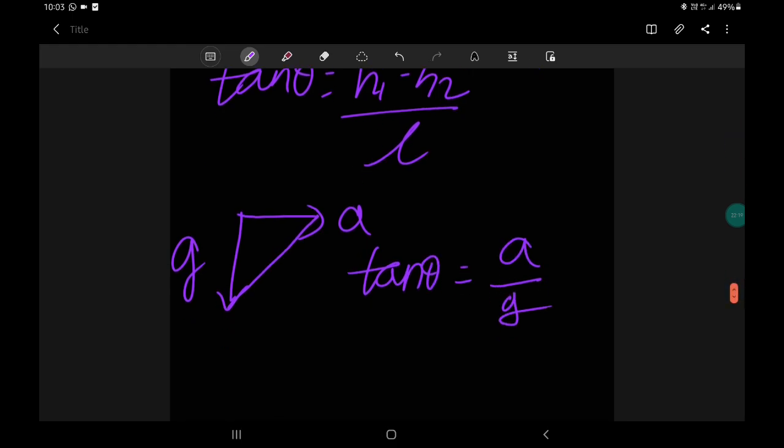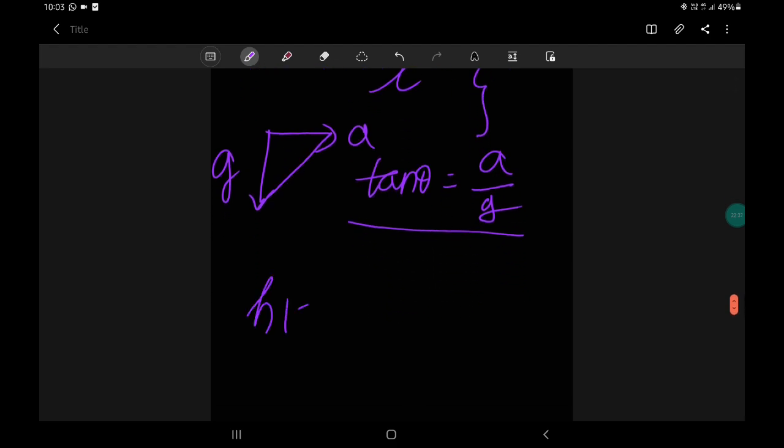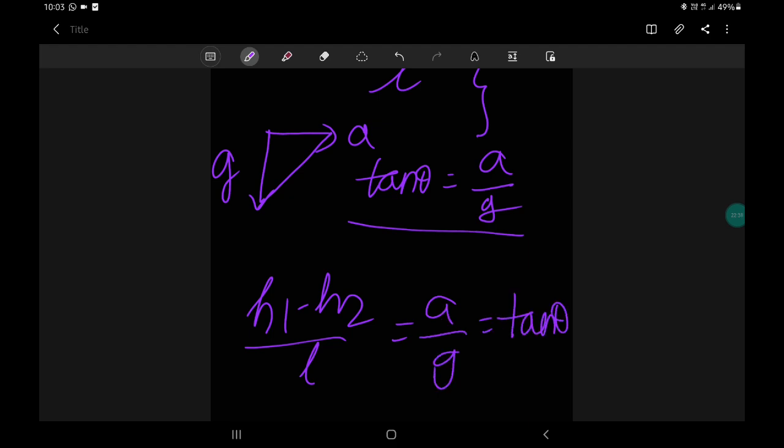Okay, this is from your third chapter, Newton's laws of motion. In that chapter you will learn about pseudo force. May you make a triangle like this. So these both are equal. So h1 minus h2 upon L is equal to a by g is equal to tan theta. So this is your final derivation.